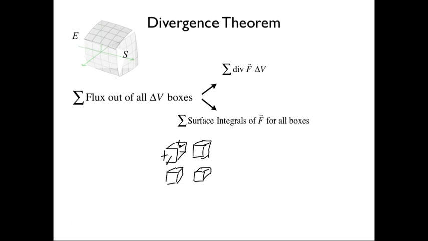So what's going to happen? We've seen this before. What's going to cancel? All the pieces that are touching. When we do the surface integral around all those boxes, all the pieces that are touching are going to have an equal and opposite canceling effect. And what's going to be left? Just the outside. So summing up all the surface integrals of F for the boxes will be equivalent to, it's not a line. So what is the boundary?